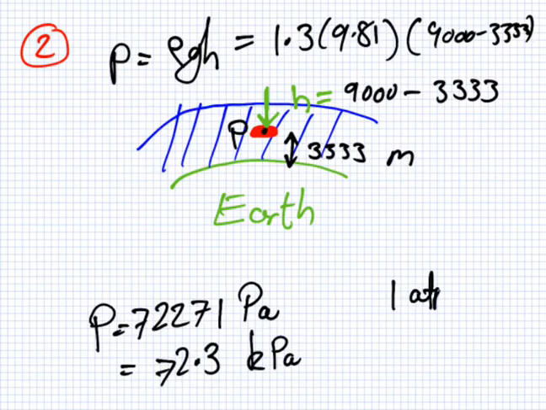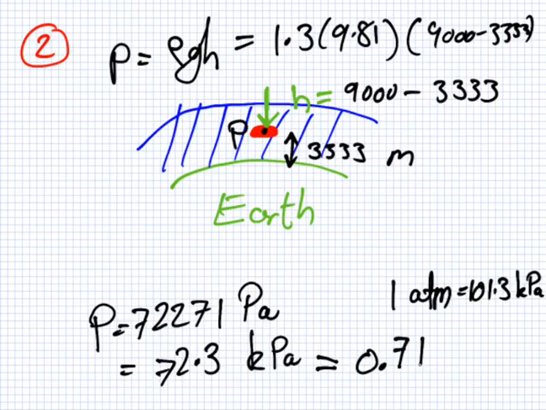So we have to find the h here. Now, what did I say the thickness of the atmosphere was? Was it like 8 kilometers or something? Yes. Yeah, 8.5. Approximately 8.6. Okay, we'll just say 9,000. So we'll say 9,000 minus 3,333. That's the height. So this will equal 1.3 times 9.81 times (9,000 minus 3,333).